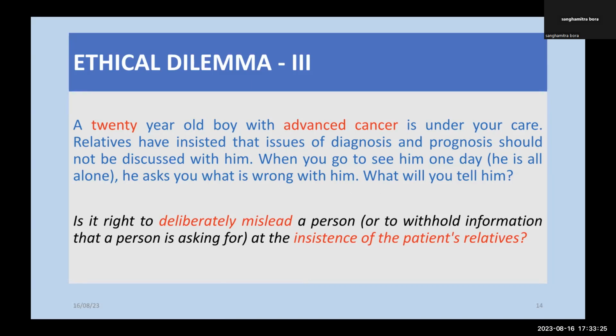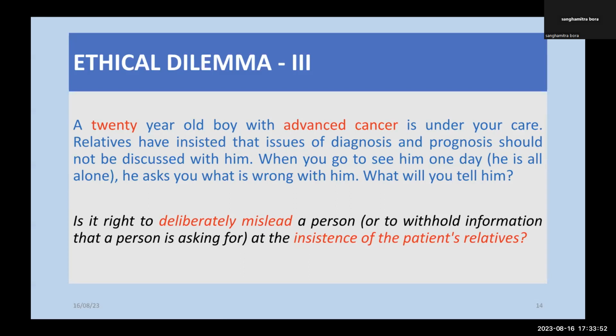So when you go to see him one day, he's alone, and he asks you, what is wrong with him? So, will you not tell him about what is going on with him? Okay. So is it right to deliberately mislead a person? Okay. Or to withhold information that a person is asking for at the insistence of the patient's relatives.